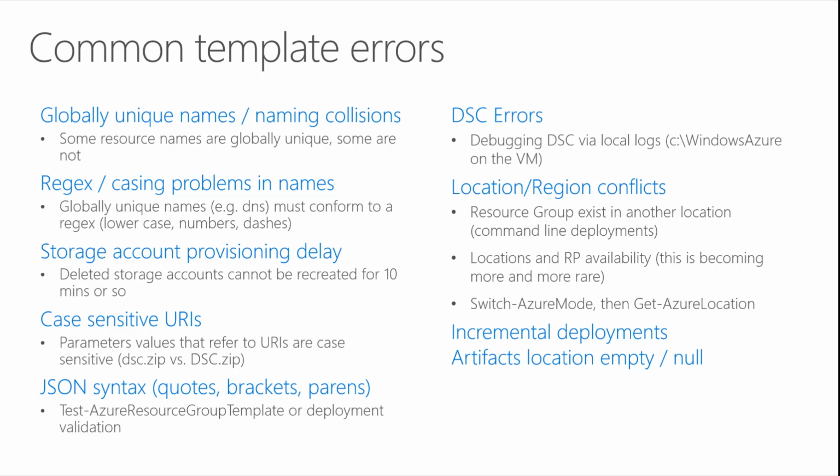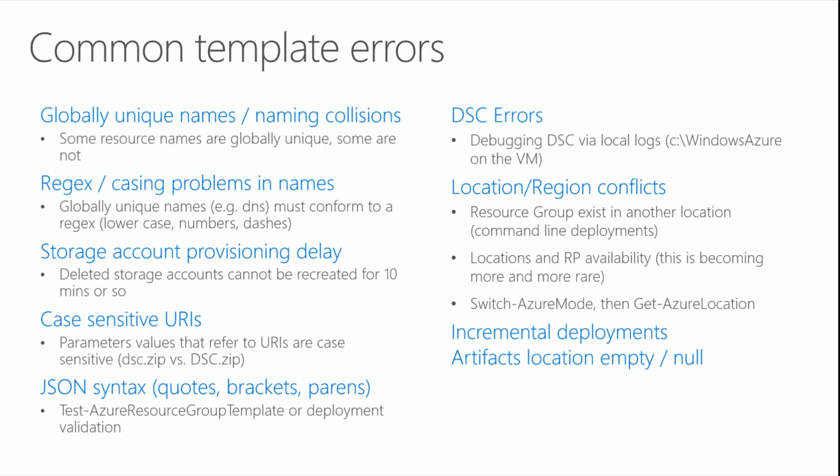Some common template errors. So globally unique names. Some resources have globally unique names, some do not. Storage accounts is one of those things that absolutely is globally unique. Regex causing problems in names, so you have to make sure you conform to regex standards for lowercase, numbers, dashes, etc. Storage account provisioning delays, so not as much in Azure Stack perhaps as in public Azure, but there could still be a little delay on that.